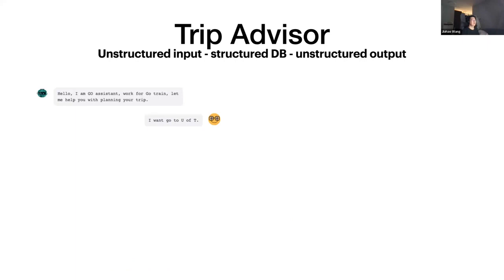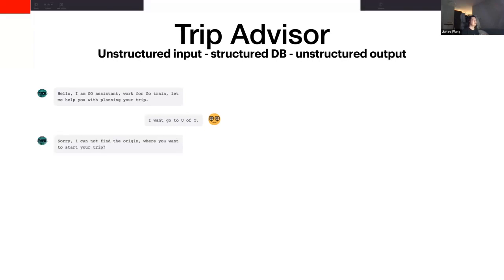So let's take a look at how this trip advisor works. When the user says, I want to go to U of T, the assistant will inspect this sentence and realize there's no origin for this trip, so it asks you to provide a starting point.